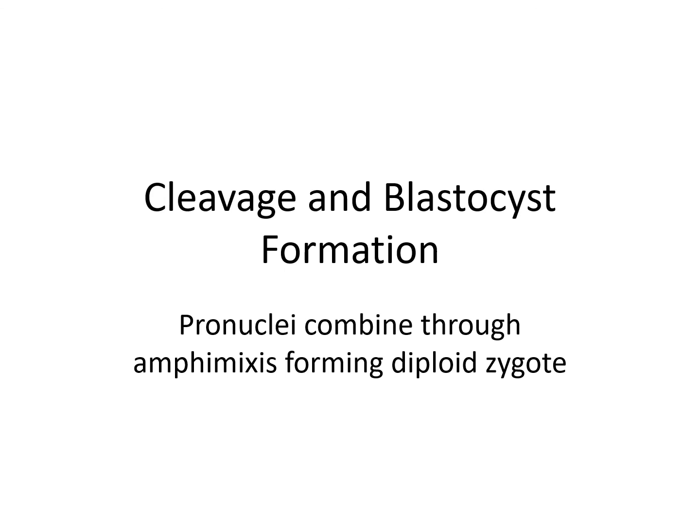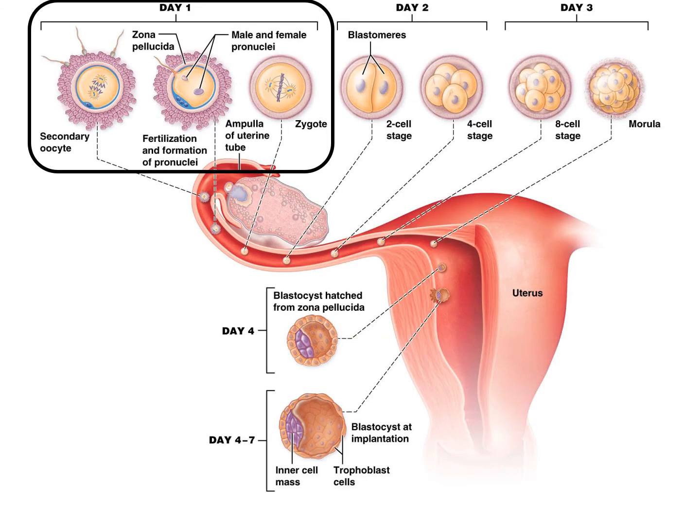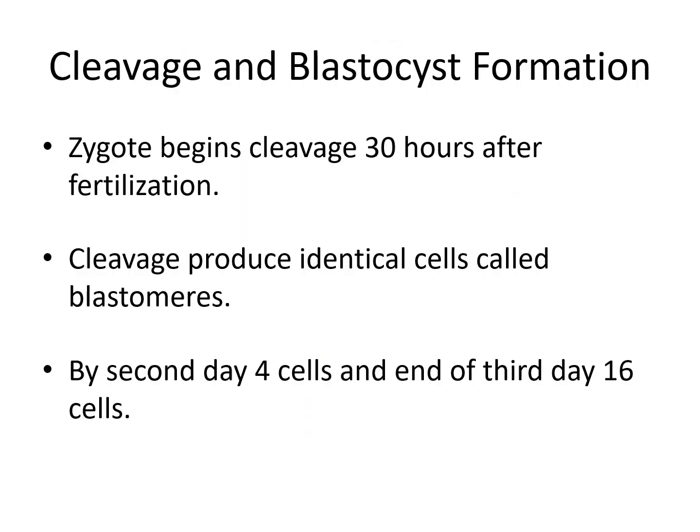Okay, so the pronuclei intermix to form the diploid zygote, and then start dividing mitotically, which we call cleavage. So the zygote begins cleavage 30 hours after fertilization, and these produce identical cells called blastomeres.